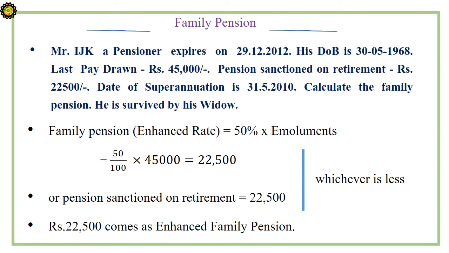So the family pension at enhanced rate is 50% of emoluments and it comes out to be 22,500. And the pension sanctioned on retirement is 22,500. So rupees 22,500 comes as enhanced family pension.